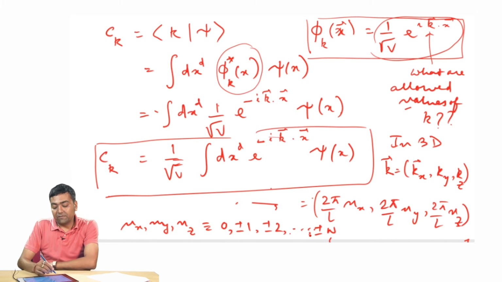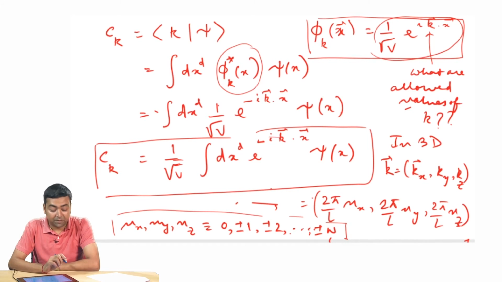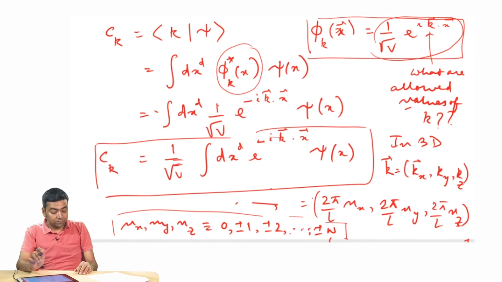So, basically what we have is all possible integer values the n x, n y and n z can take.